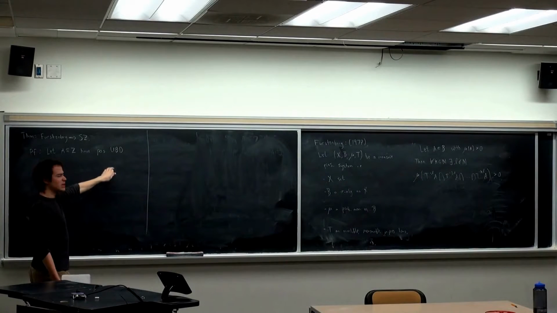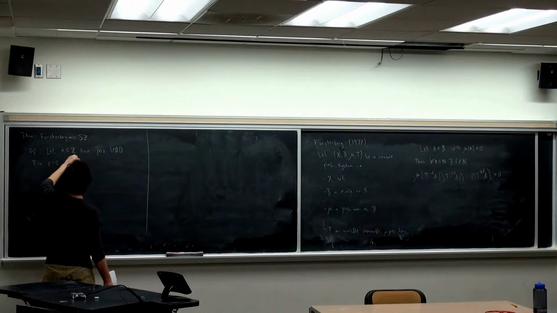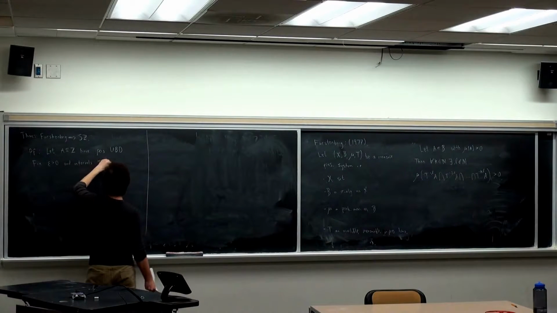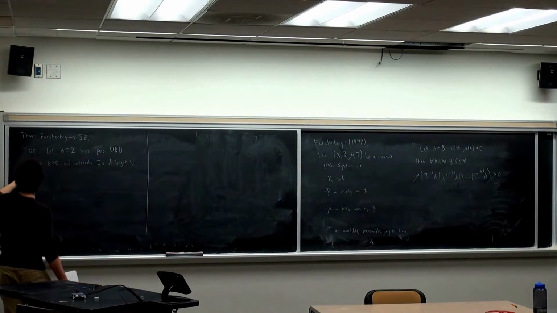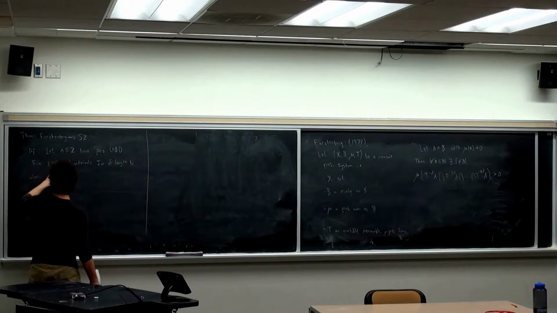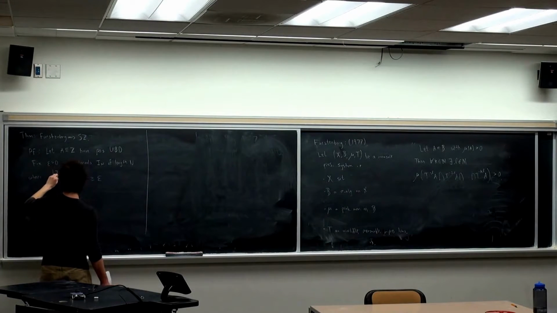And let's unfold what this actually means. So let's fix an epsilon greater than 0 and intervals I_n of length n where we have the size of I_n intersect A divided by n is at least epsilon.